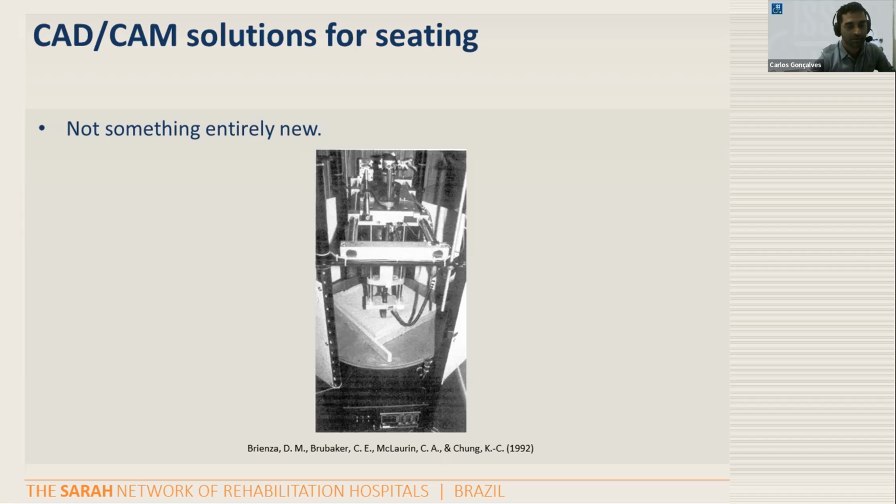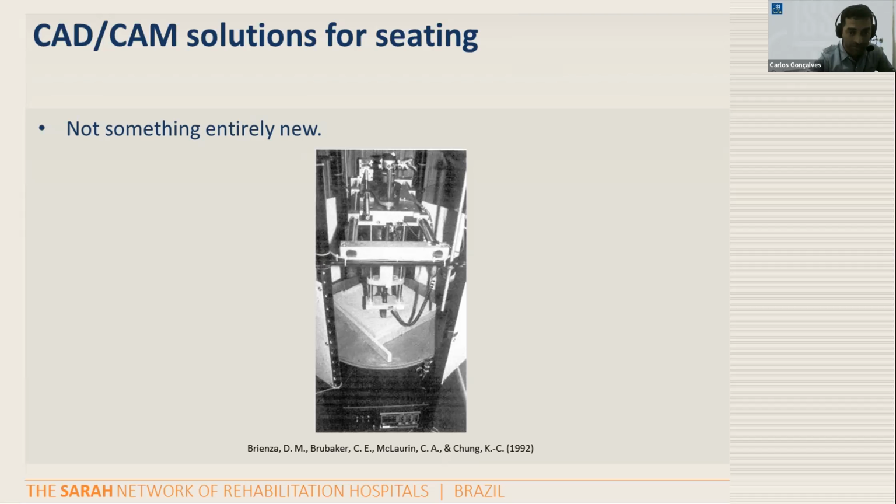CAD/CAM systems for seating solutions are not new. In the early 90s, there were a couple of centers or labs that did research on that, mainly using CNC milling machines that would cut hard foam made of, most of the time, polyurethane plastic.